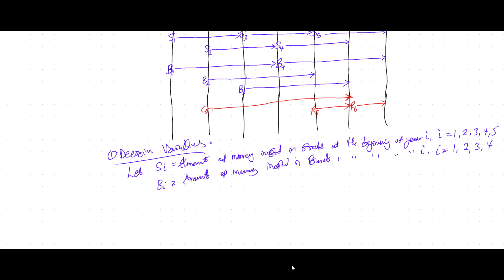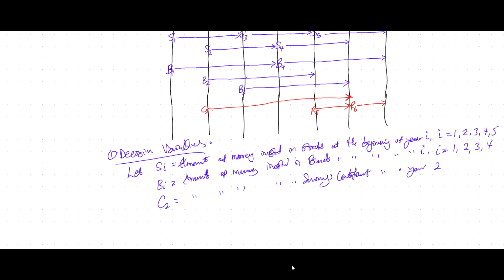Let's see, C is just 2. So C2 is the amount of money invested in savings certificates at the beginning of year 2, which is straightforward.